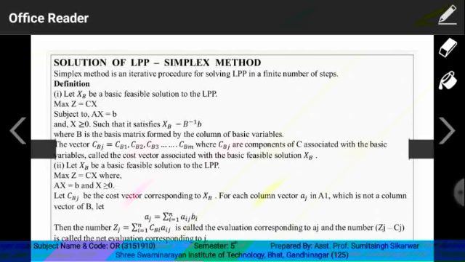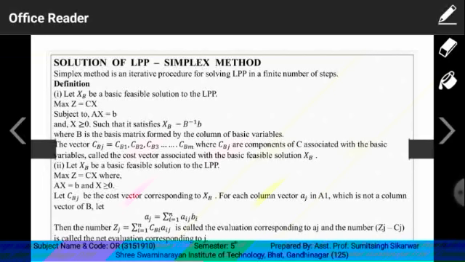As we can see, let X be a basic feasible solution of any LPP model, and we need to maximize Z equal to Cx, subject to Ax equal to some constant B, in such a manner that XB is equal to B inverse of b. Now what is B? Here B is the basic matrix formed by the columns of basic variables.